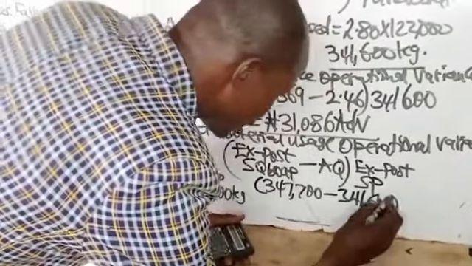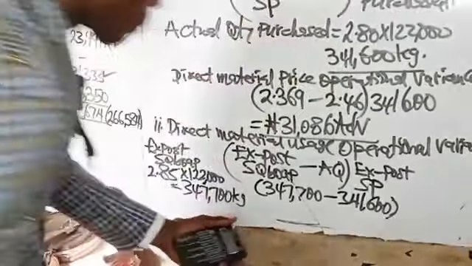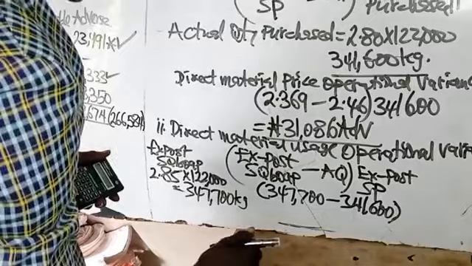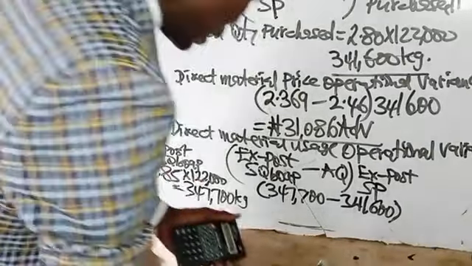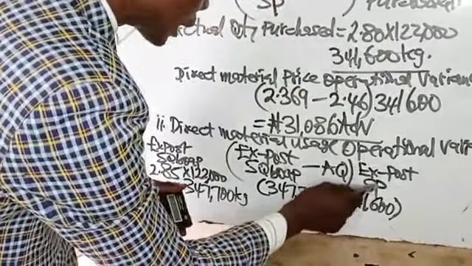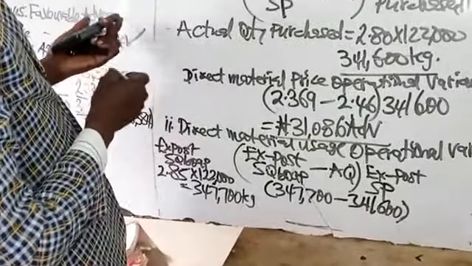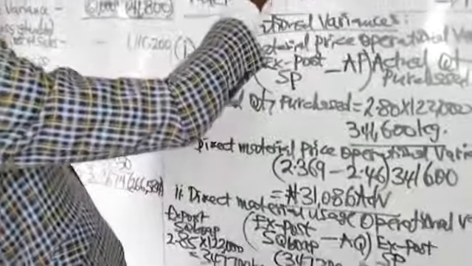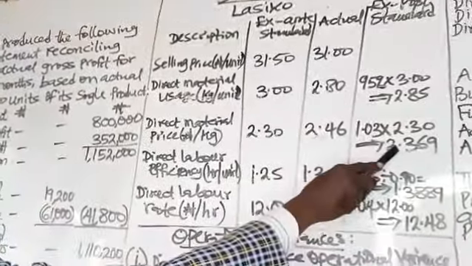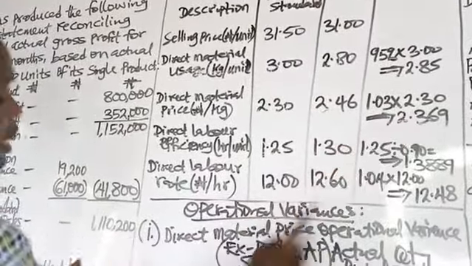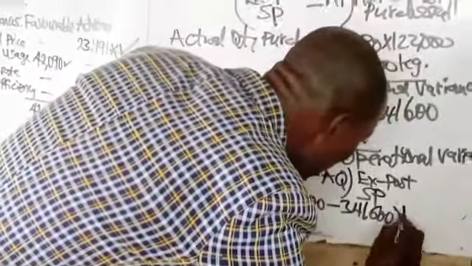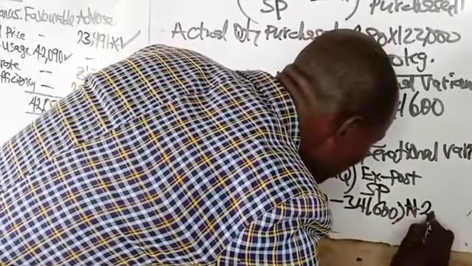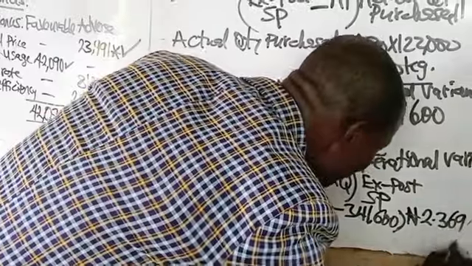The quantity purchased and quantity used will be the same, since there is nothing left in inventory. Then the exposed standard price is 2.369.